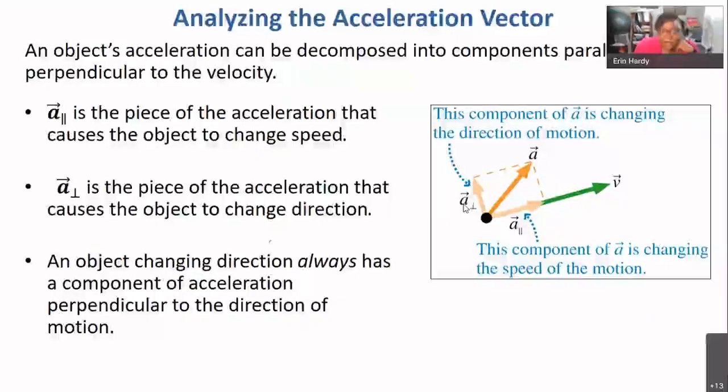For, let's say, a car that is accelerating from rest along a flat section of road, A perpendicular would be 0, because the direction of the car is not changing with respect to the direction of free fall. And A parallel is going to be non-zero because it's responsible for making the car go from slow to fast. And it's possible for general cases, like the one that we see in the inset, to be true, where A parallel and A perpendicular are both non-zero.